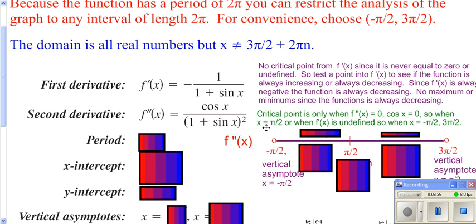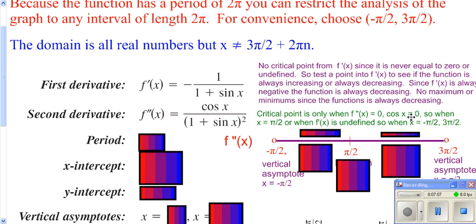Our second derivative, we need to look for our critical points. Since we have a variable on the top, we could have a critical point at what causes the top to be 0. So you set the top equal to 0. Well, we also need to look at our critical points for where we're undefined.